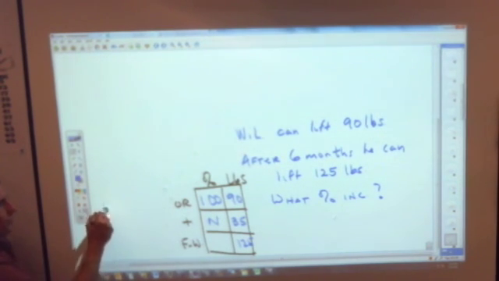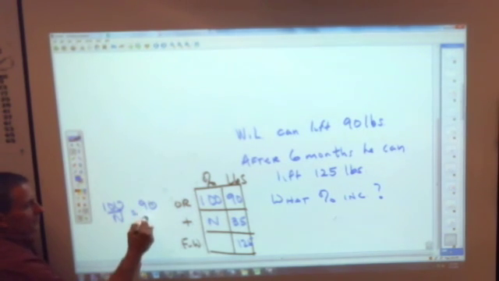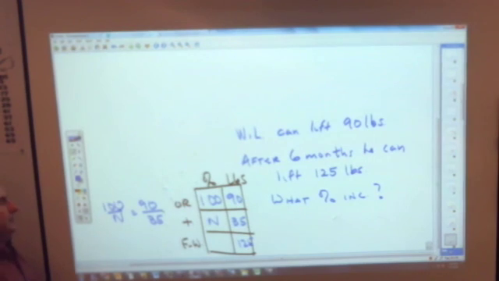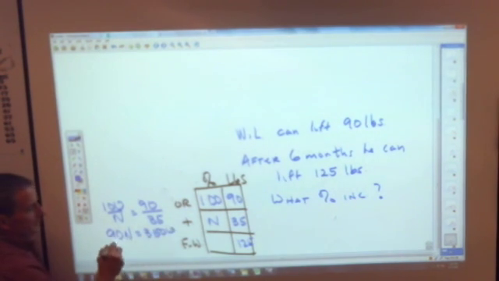So it ends up being 100 over what number is 90 over 35. Is there an easier way to do it? Maybe. Now let's just do it out. 90 times what number is 3,500? Divide by 90.